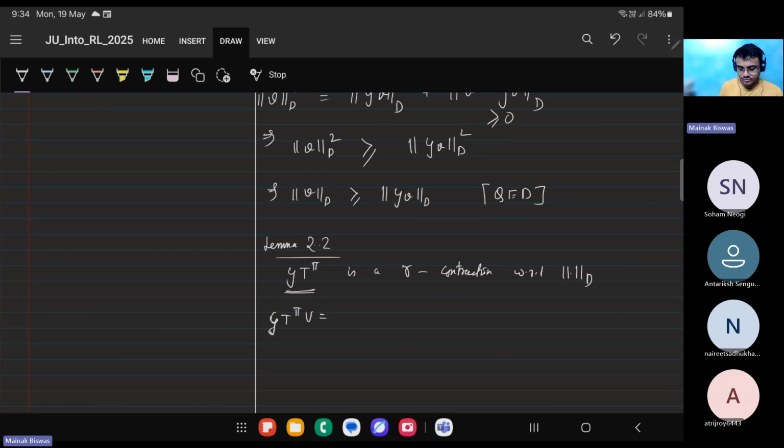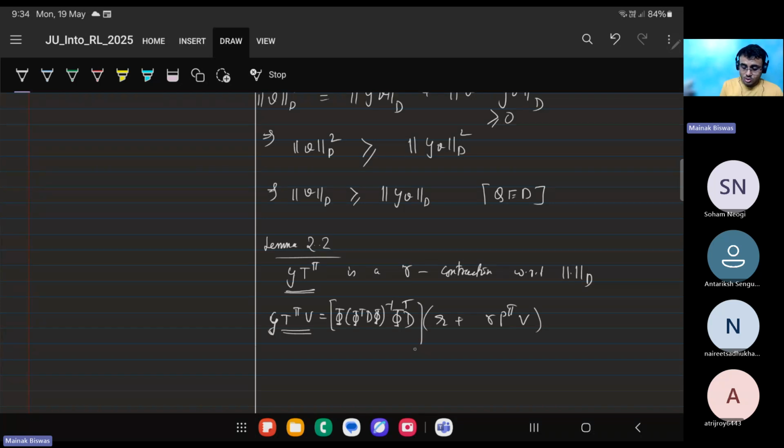Use the operator: R plus gamma P pi V. This will give me a vector. Now I can multiply the matrix G with this. What is G? Phi transpose D phi inverse, phi transpose D.